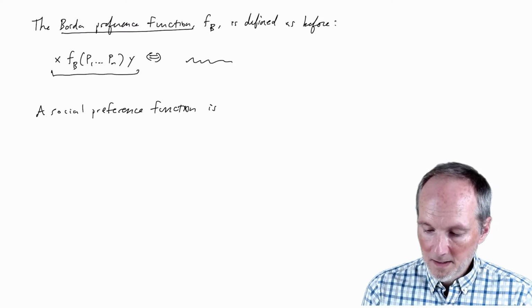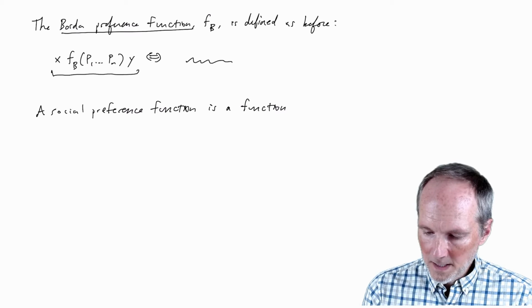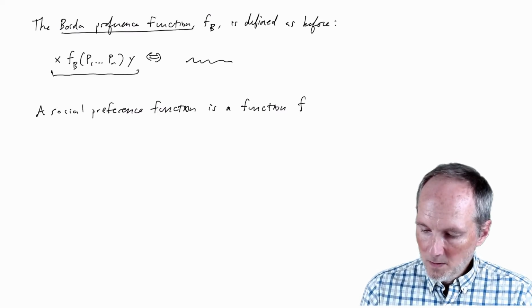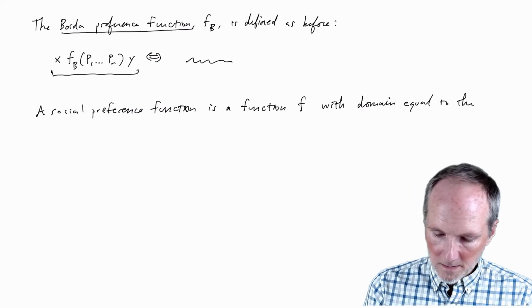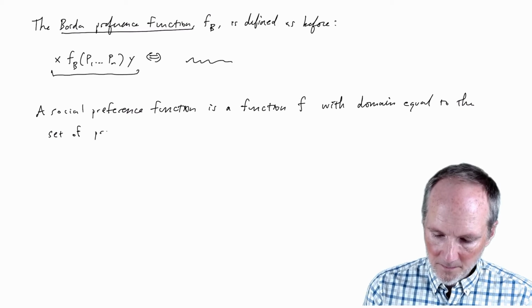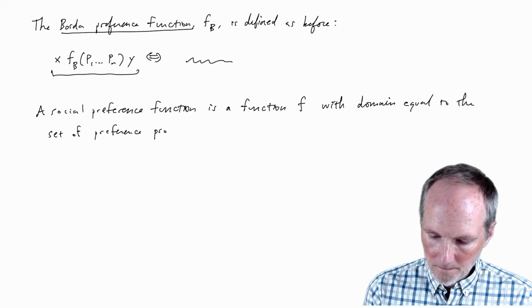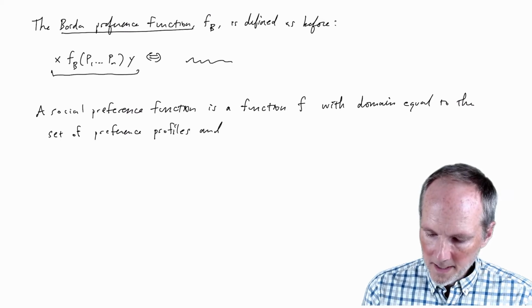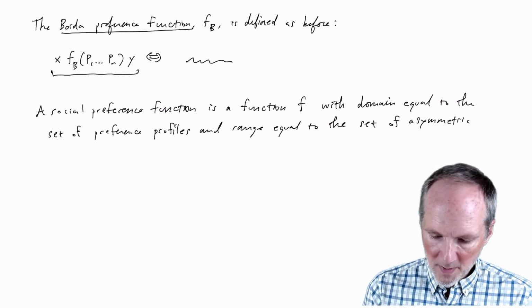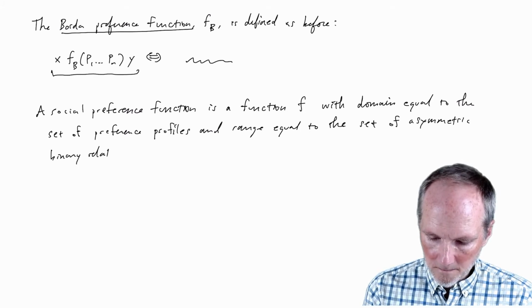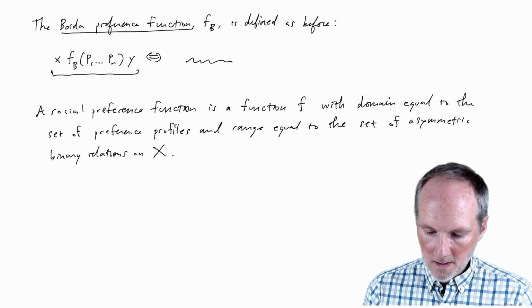And what is it? It's a function. Let's call it little f with domain equal to the set of preference profiles and range equal to the set of asymmetric binary relations on the set of alternatives.